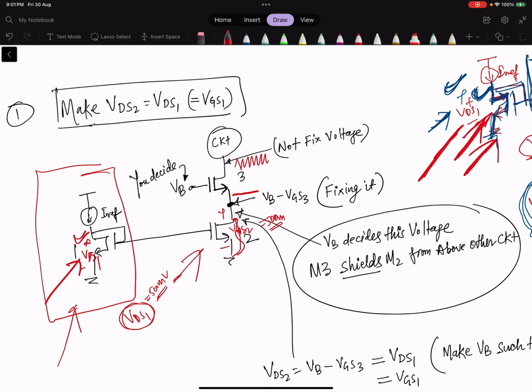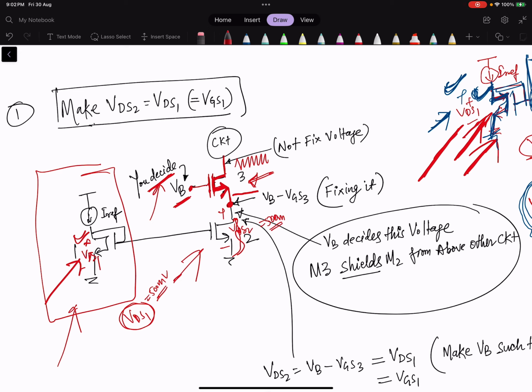So what we have done here is add one more NMOS, M3, above this, connected between the main circuit and the copying device, and we have a bias voltage VB here. We are going to set this VB as per our requirement.